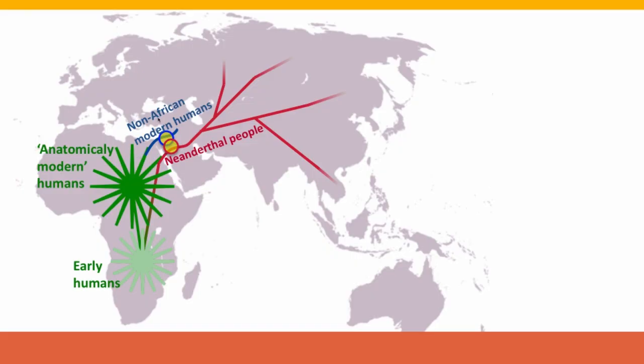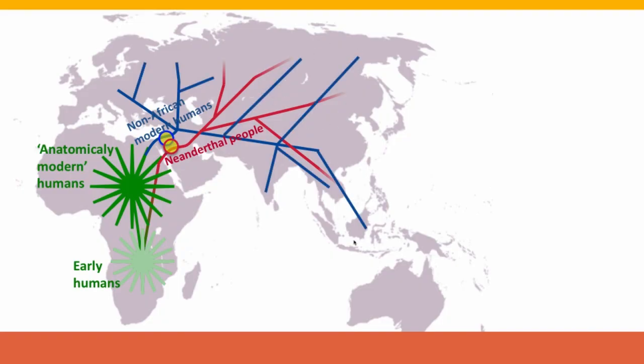Their children became part of the wave of anatomically modern humans that was spreading into Europe and through Asia, into Northern Asia, into Southeast Asia. And again, in Southeast Asia, the anatomically modern humans that were moving across Asia again encountered Neanderthals, and again they mated with them, had children, and their children became part of the population that was extending into Southeast Asia.